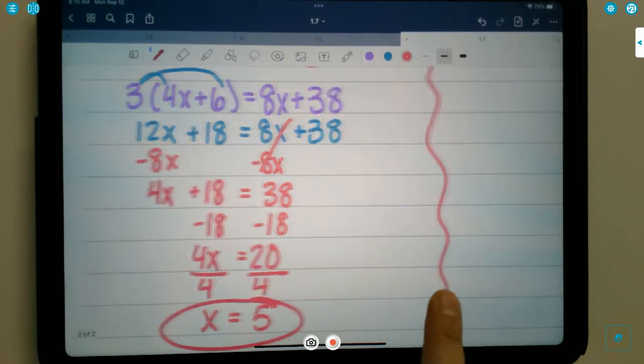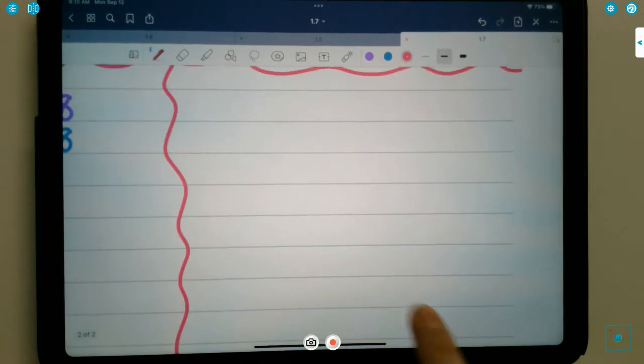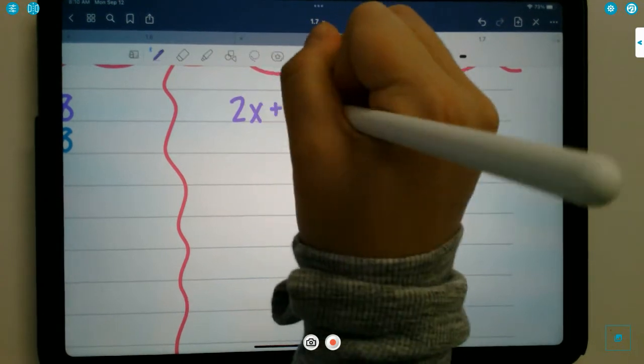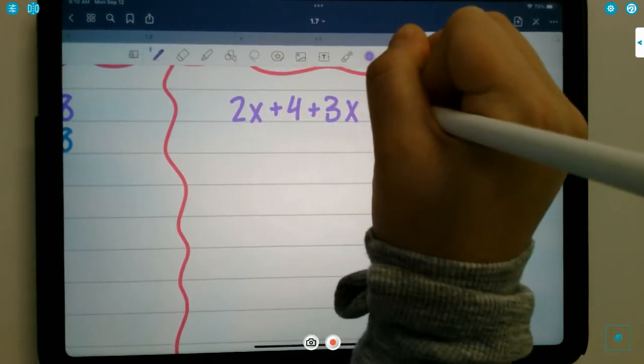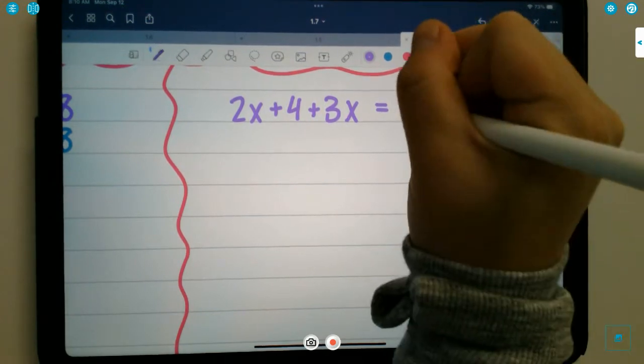Next example I have for you guys is 2x plus 4 plus 3x equals 7x minus 2x plus 6.